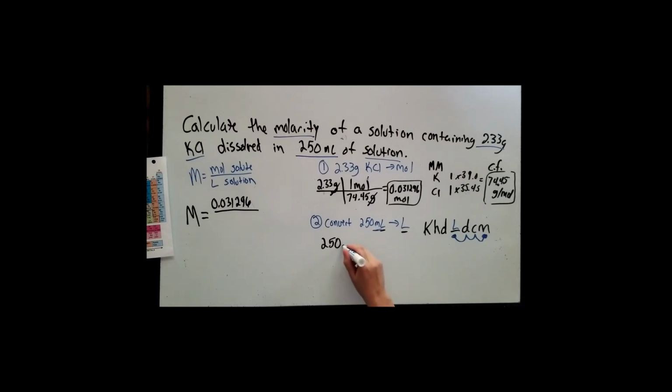I'm going to start at the end of the number, and we're going to move it 3 times to the left. 1, 2, 3. So my new decimal point is right before that 2, giving me 0.25 liters of solution. So this amount is what I'm going to plug in the denominator of my molarity equation.